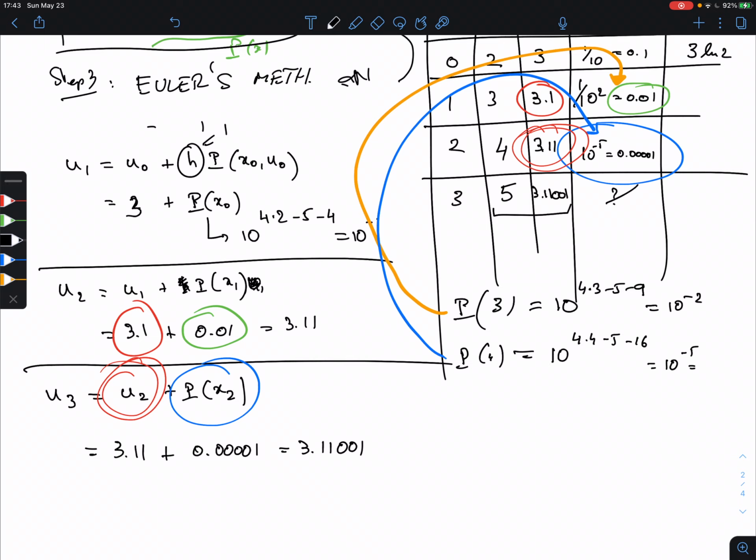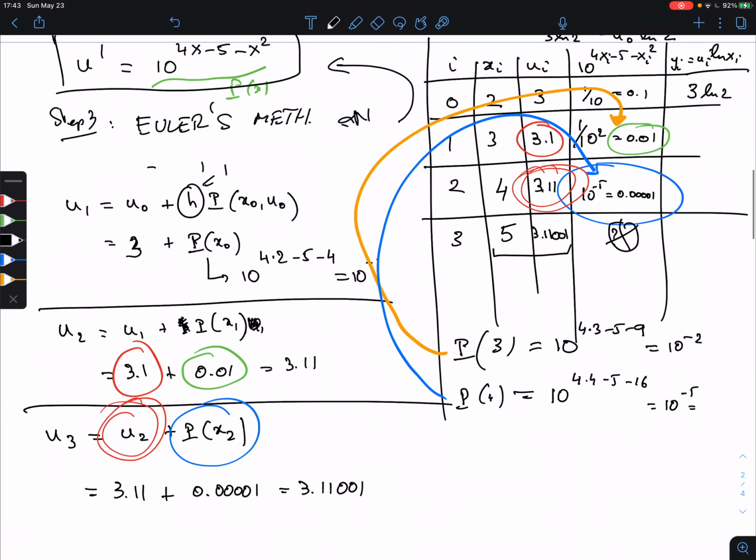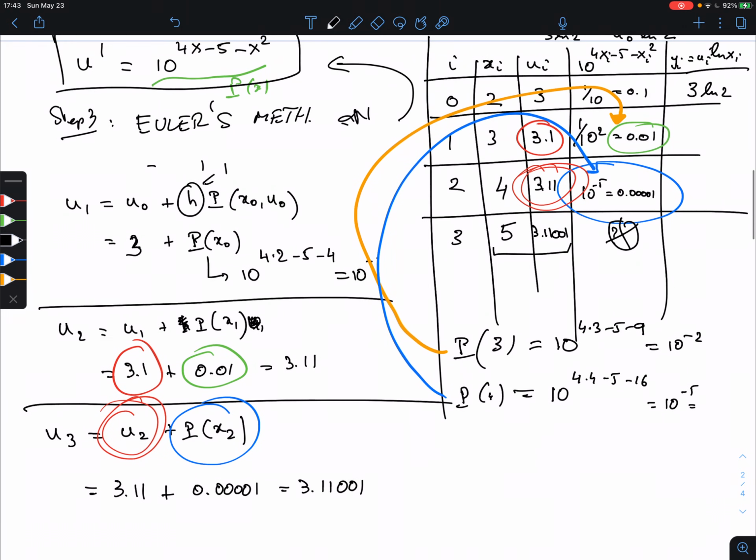So this one is not necessary, because this we will only use for the next value. We don't need this. Now technically we only calculated the U's, so we should be writing down what is happening here. Well, remember, this is the formula now. You take this U_i and multiply with the ln of this number.